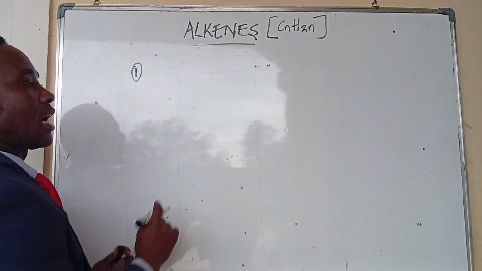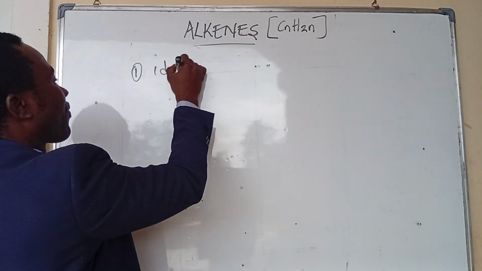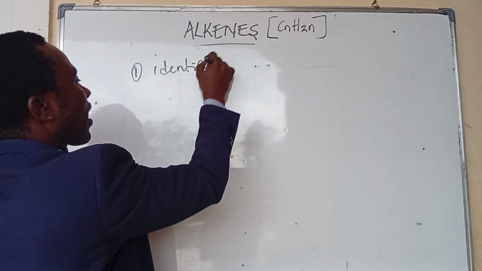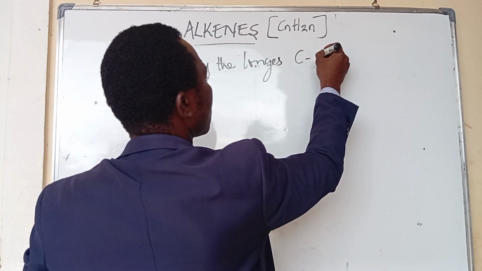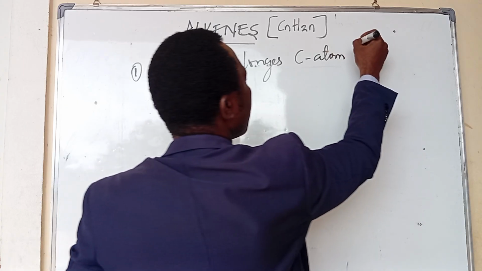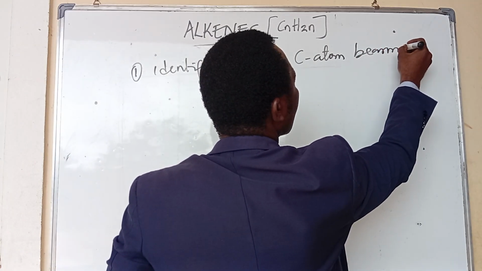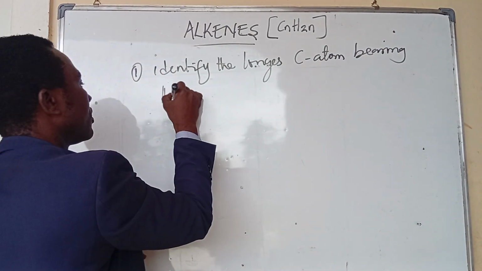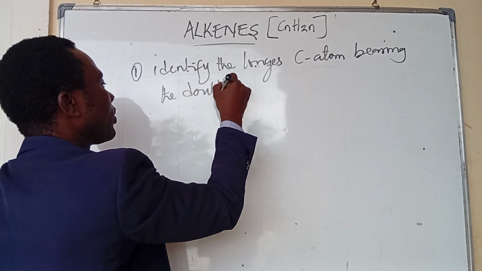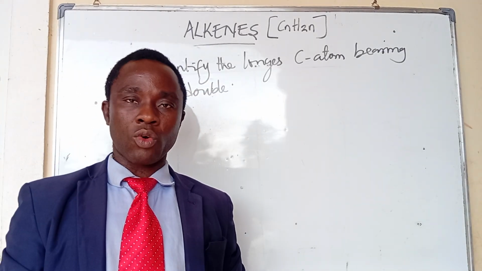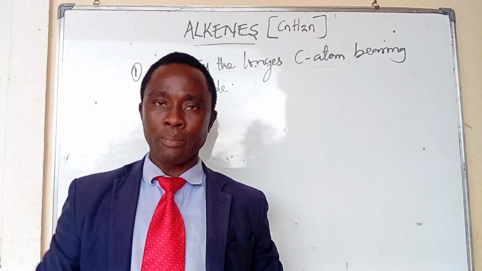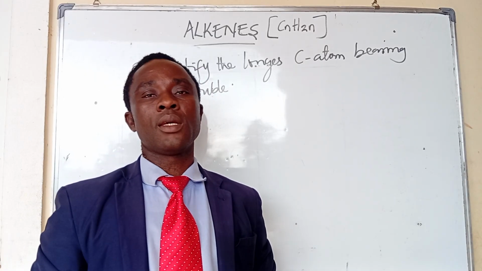Number one is that you identify the longest carbon chain bearing the double bond. What it simply means is that the longest carbon chain must be the chain that is longest but also contains the double bond.